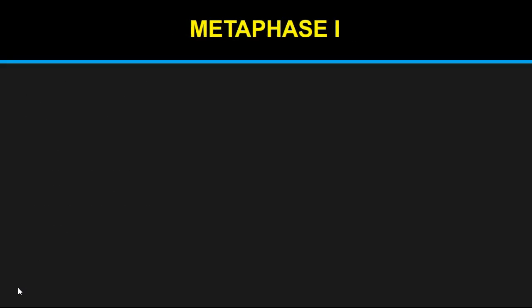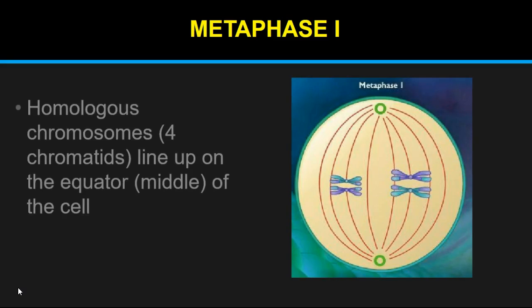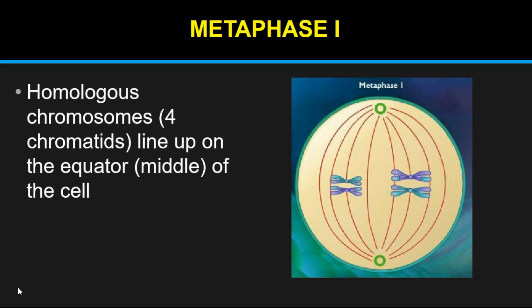Okay, now in metaphase 1, we see these homologous paired chromosomes line up along the equator, or the middle of the cell.